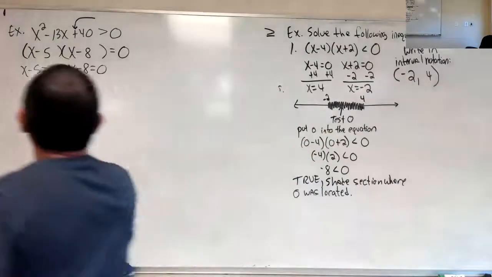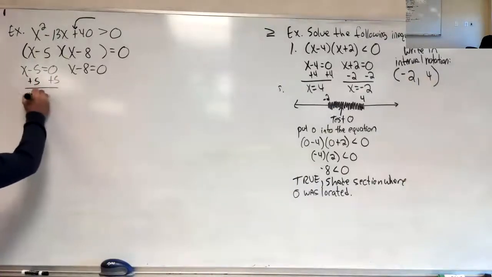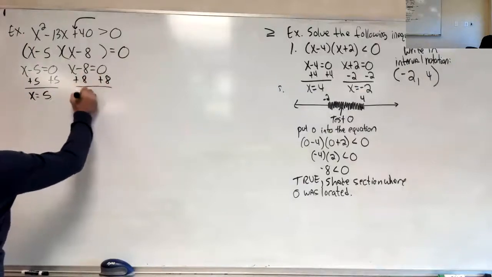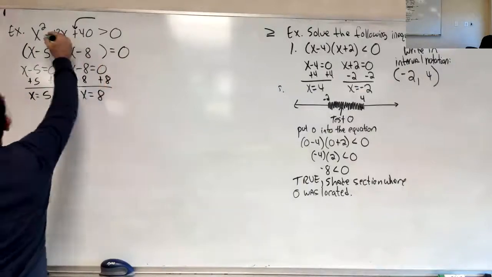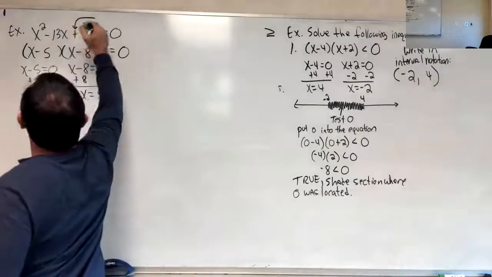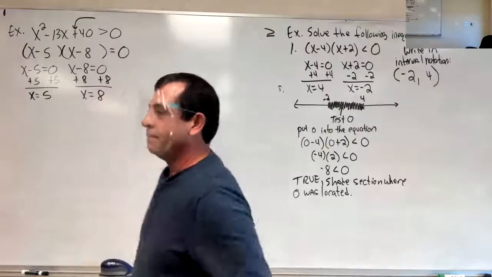So I get a positive 5 and a positive 8. But yeah, at the beginning, you could have done it. A was 1, B would be -13, C would be 40, and y'all could have used the quad, okay?